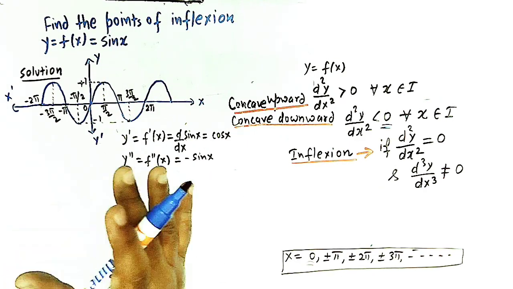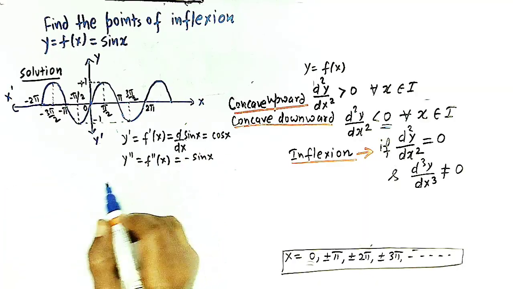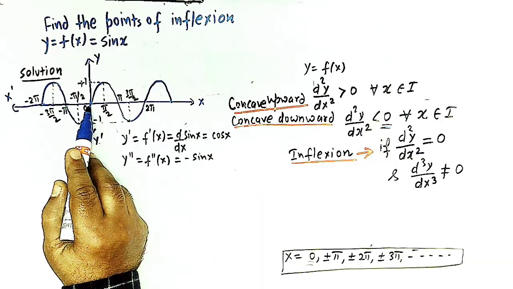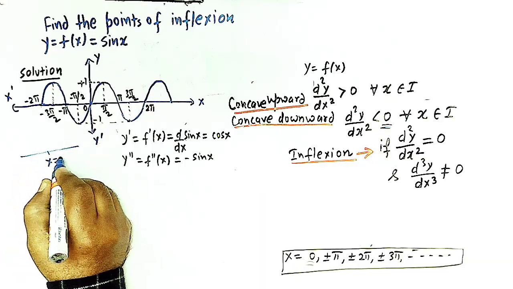So now let us find out the change in the sign of the second derivative in the neighborhood of x is equal to 0, right? Here we have x is equal to 0.